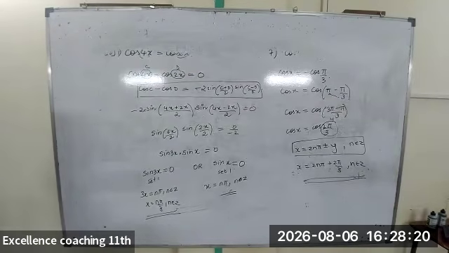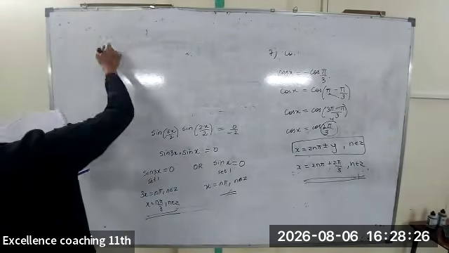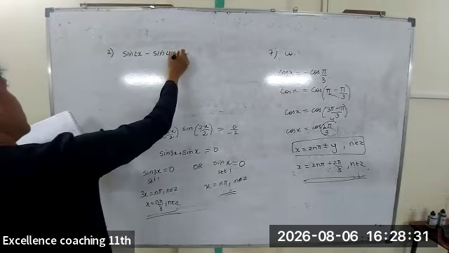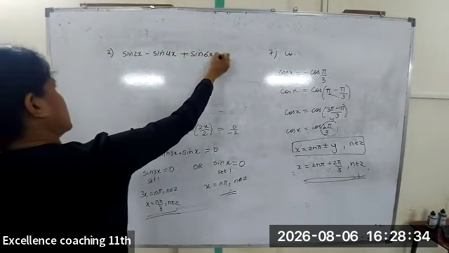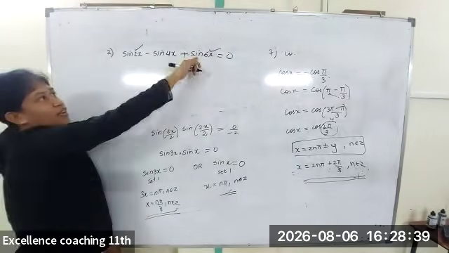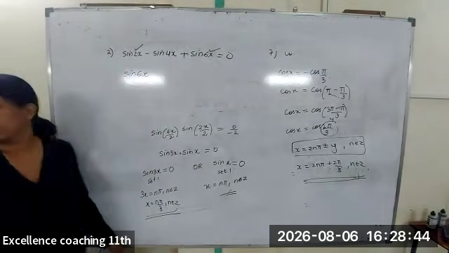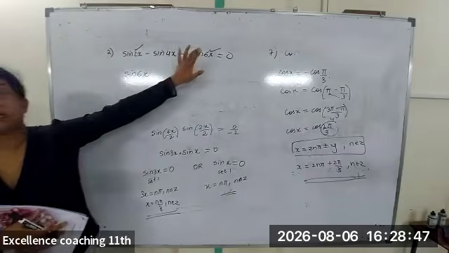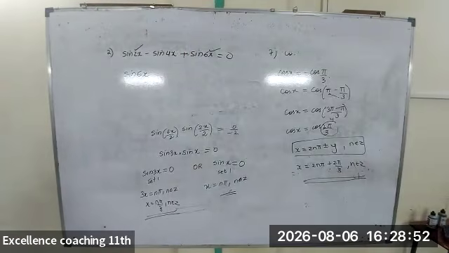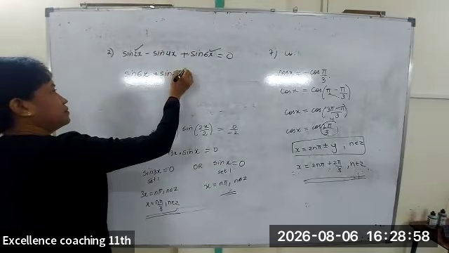Write the bigger number first, no? I'll write it. Combination: 6 plus 2 is 8, 8 upon 2 will be equal to that. So by writing the bigger one first, there is no confusion with the sign. Why am I taking this? 6 plus 2 is 8, 8 upon 2 is 4. So keep sine 4x at the side.